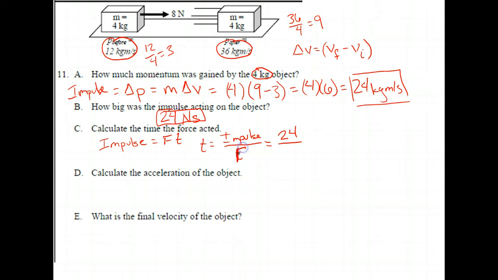I did that wrong. Sorry about that, y'all. That should be force. And the force was 8. So the time should be 3 seconds. Okay. And make sure you change this formula here.